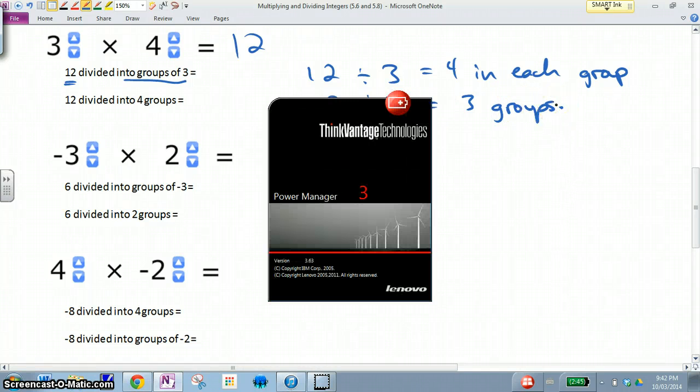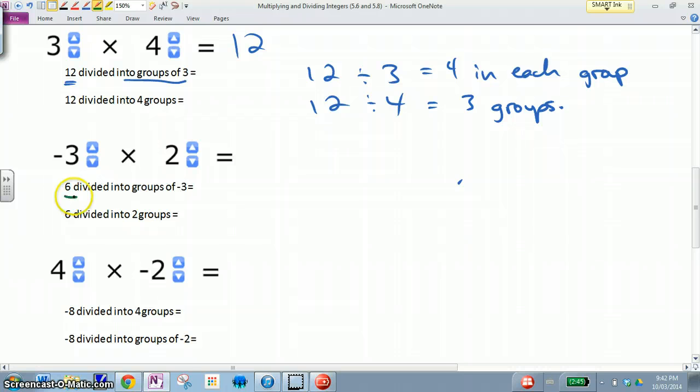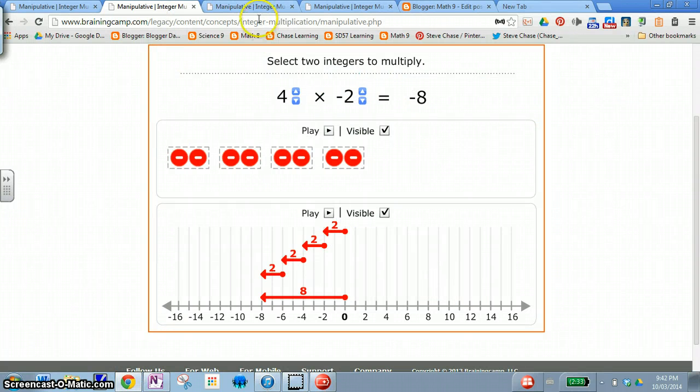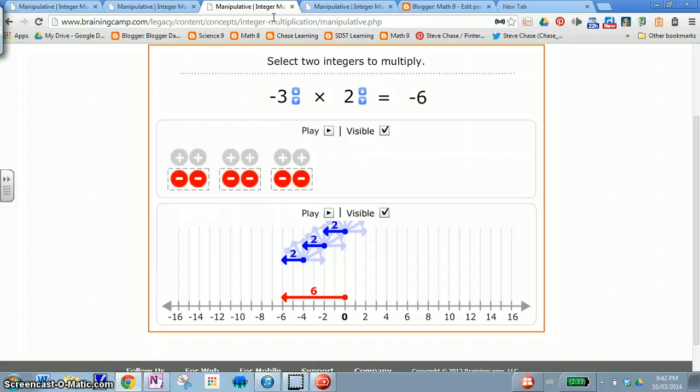Okay. And this is useful when we start talking again about negatives. So here's the next question. -6 divided into groups of -3, or -6 divided into 2 groups. So here's what our -6 looks like. Divided into groups of -2, we get 3 groups.